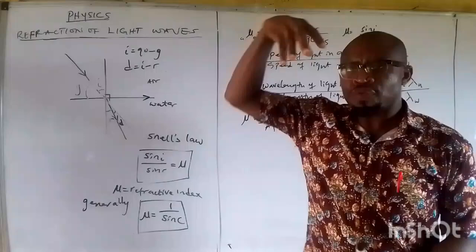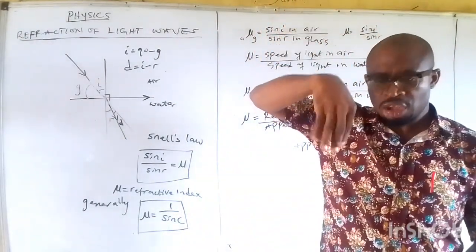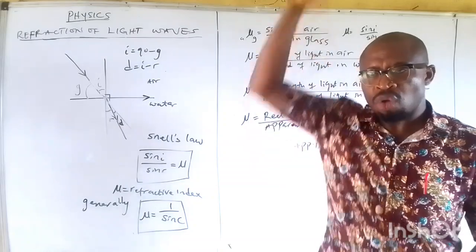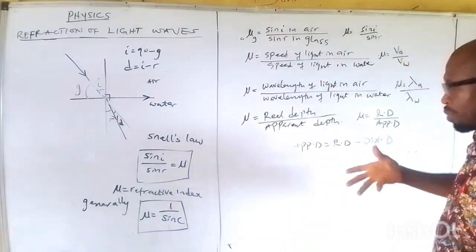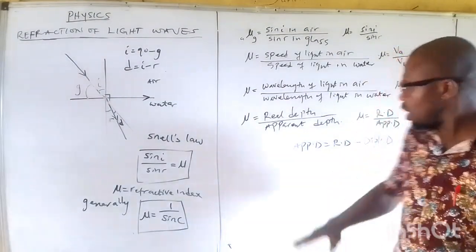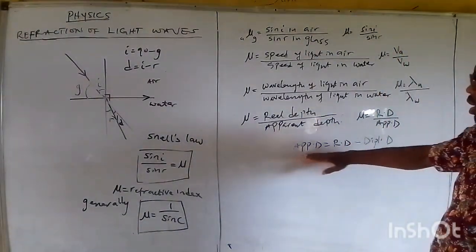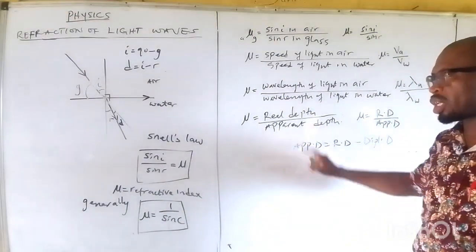For example, a swimming pool appears shallower when you look at it vertically than it actually is. That is because the real depth has been displaced laterally. So the apparent depth is equal to real depth minus the displaced depth.